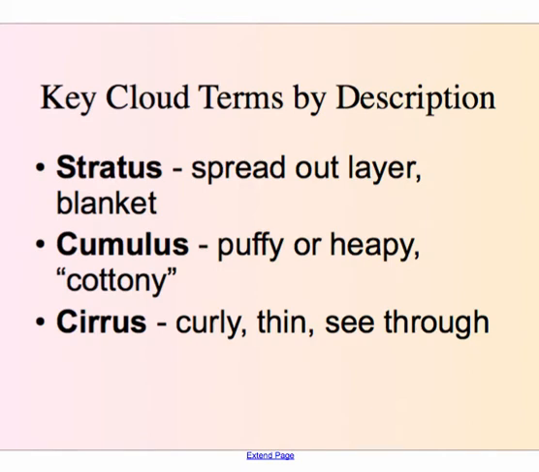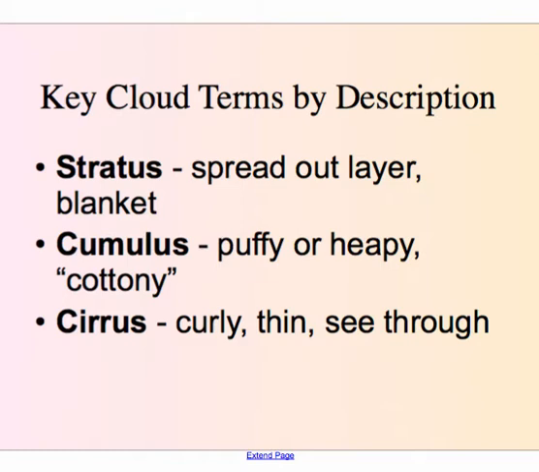And then by description, based on their form or how they look, we have stratus, which is a spread out layer or blanket. Cumulus, puffy or heapy. These are your actual clouds that when we draw a cloud, we usually draw a cumulus cloud, a cottony, puffy, heapy looking thing. You can't actually sit on them, so it's not like Care Bears.